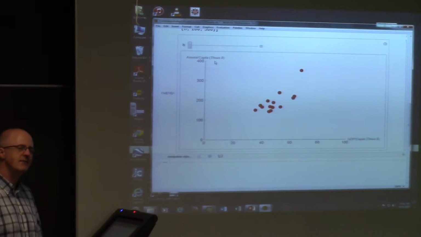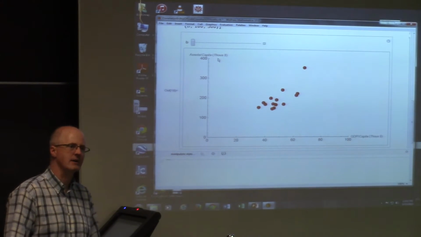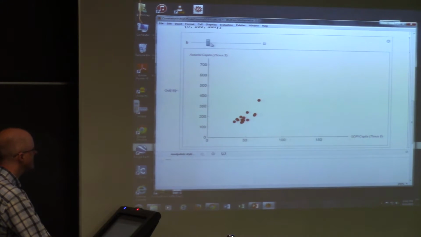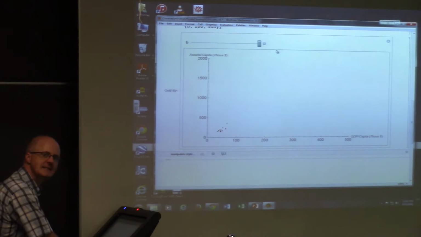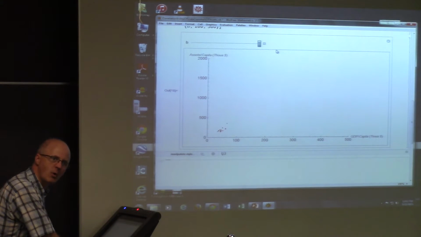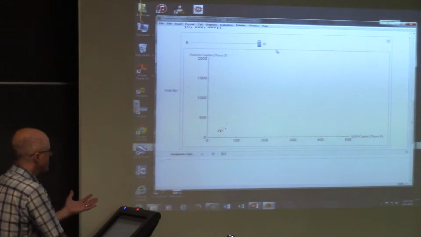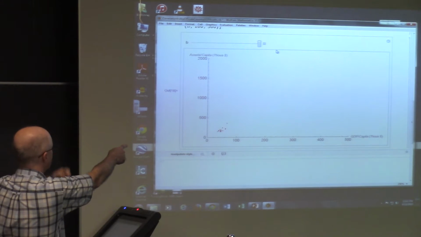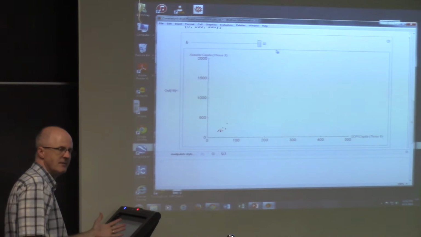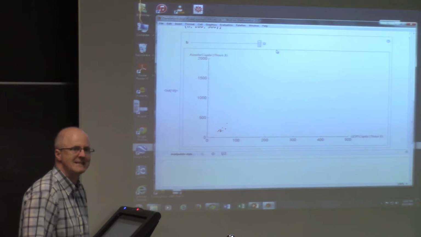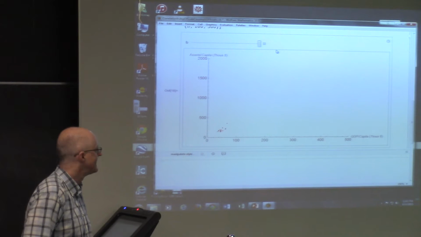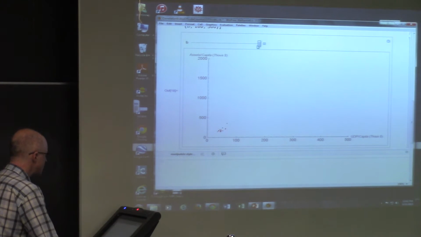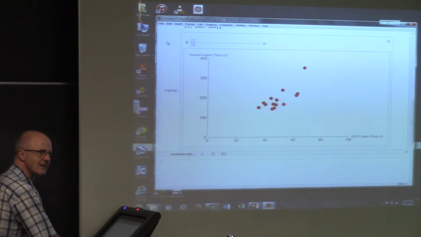Another way to think of the changing measurement units not affecting R is this. As I move this slider, I change the view and I zoom out. It's still the same data set, so it's still got to have the same correlation. However, visually, when your scale is really big like this so that the data are clustered close together in the visual field, people, when they're trying to assess a correlation in their minds, would tend to assess a higher correlation than if you are zoomed in on the data like that.